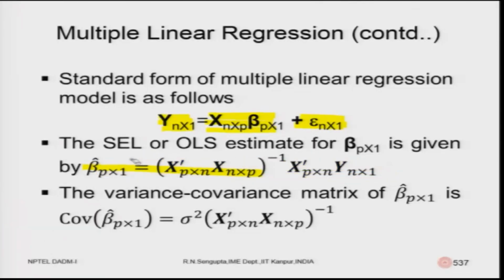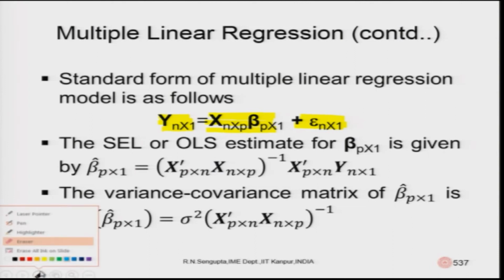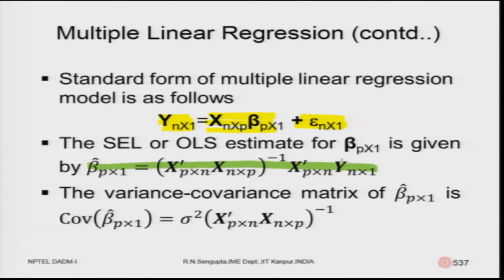Let me change the color, I think it will be much easier for you to appreciate. And the corresponding variance covariance matrix for the betas: the principal diagonal will be the variance of beta 1 with respect to beta 1, 2 comma 2 would be the variance of beta 2, and similarly the last element p comma p would be the variance of beta p, and the off-diagonal elements are the covariances.